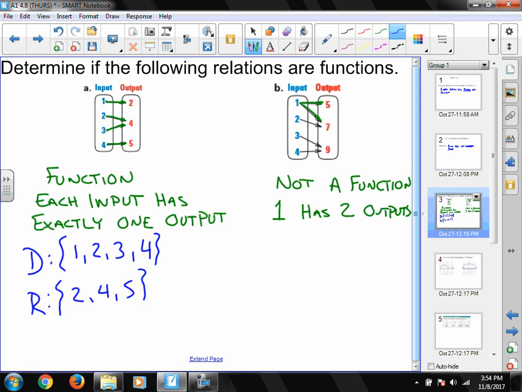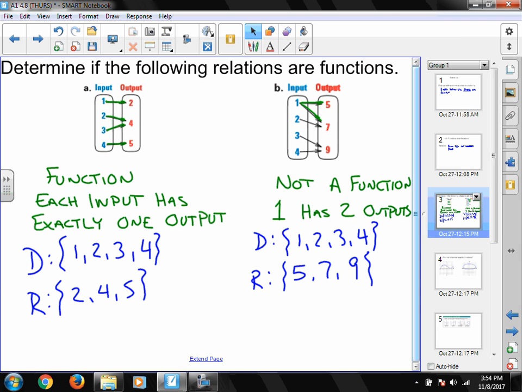For B, we're going to have the same domain, 1, 2, 3, and 4. And our range, all of our outputs, is 5, 7, and 9. Even though it's not a function, you can still list the domain and range for problem B.